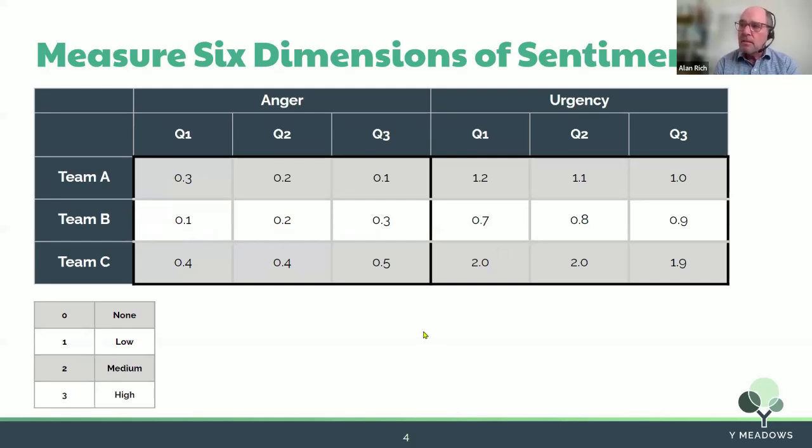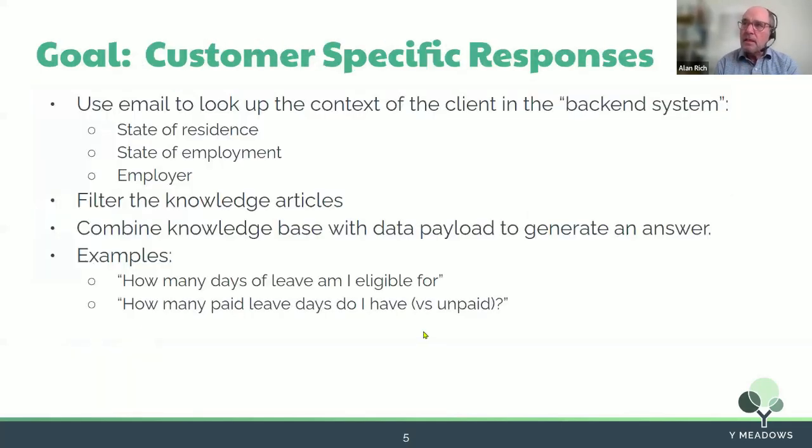The second use case that I wanted to talk about is combining knowledge-based searches with customer-specific information. So lots of times, instead of just giving generic answers out of a knowledge base, it's much more useful if you have specific facts about that customer and use that together with the knowledge base.